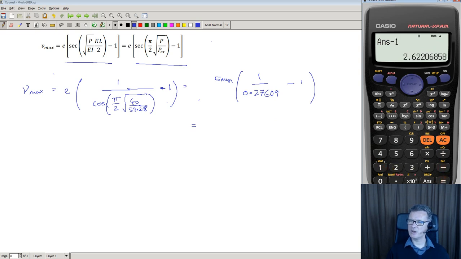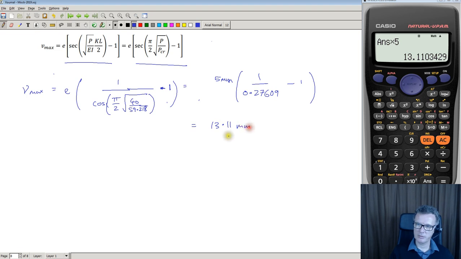So you've got a kind of scaling factor here, 2 up to 10 maybe, the sort of numbers you're looking for. Times that by the 5 millimeters, and we've got a maximum deflection of 13.11 millimeters.